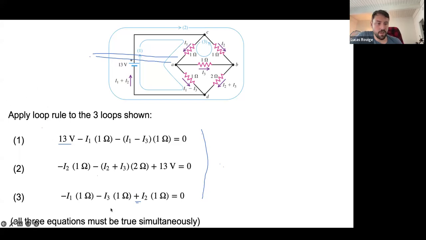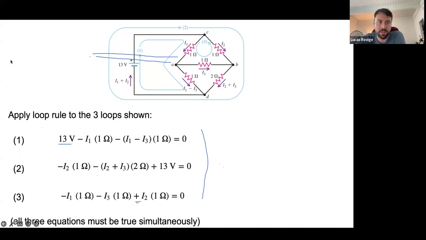Let's backtrack. So we have these three equations and three unknowns, and so we should be able to retrieve each of those unknowns. Let's start with this one here, where we have I1, I2, and I3.